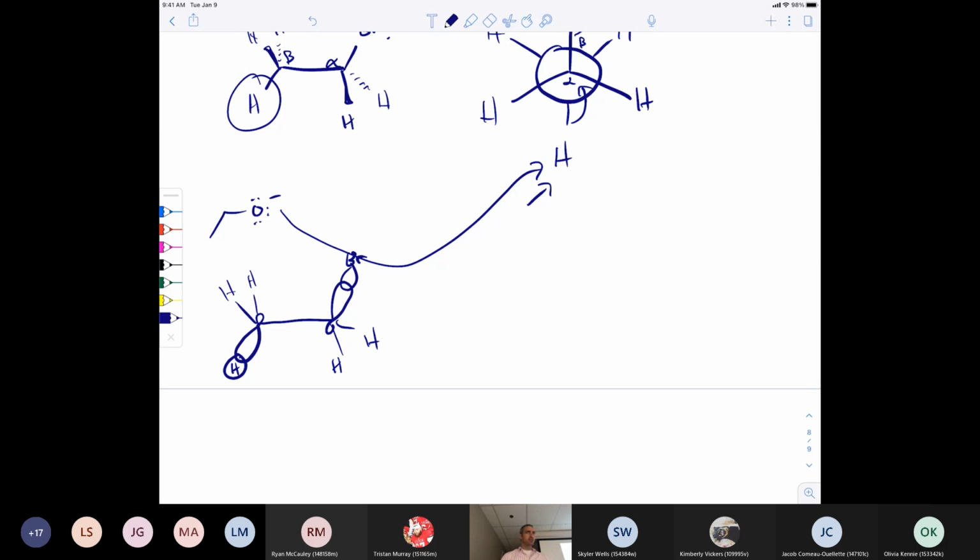One's bonded to the hydrogen that's anti, one's bonded to the bromine. In the product, which is an alkene, what you have is a p orbital.